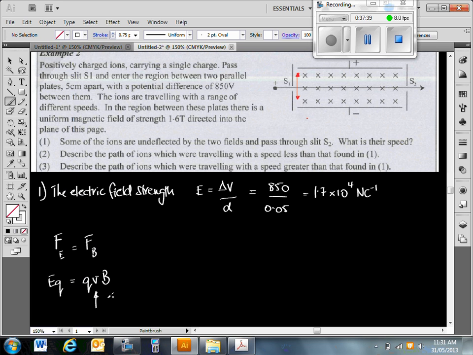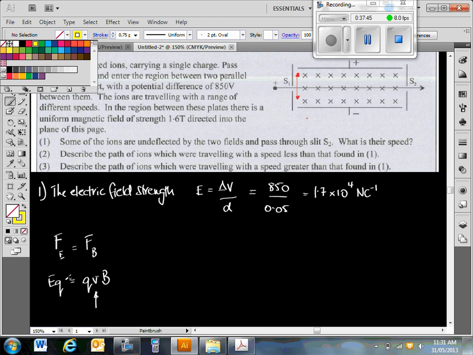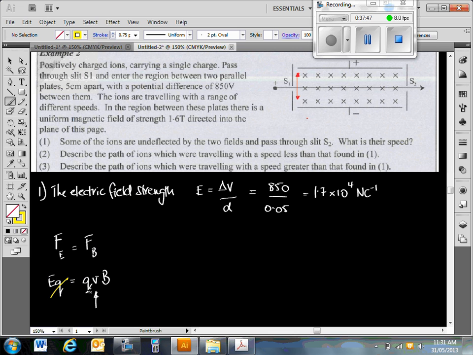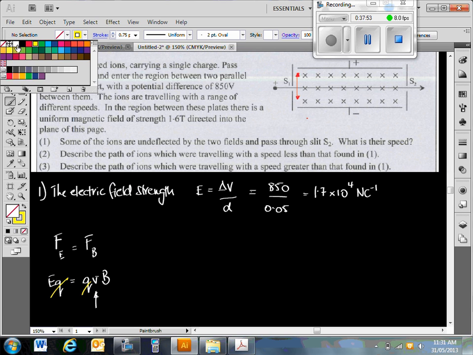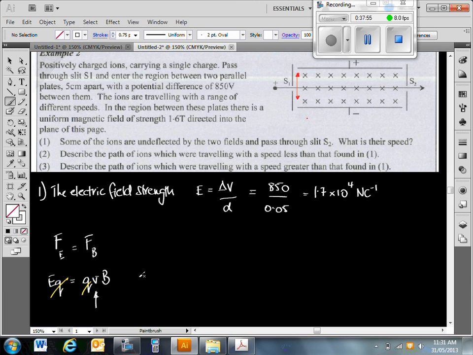There's our value that we want, the v. We want that, don't we? Straight away, we see that the charge doesn't matter, and that's why they don't give it to us. We're left with v equals E on B.